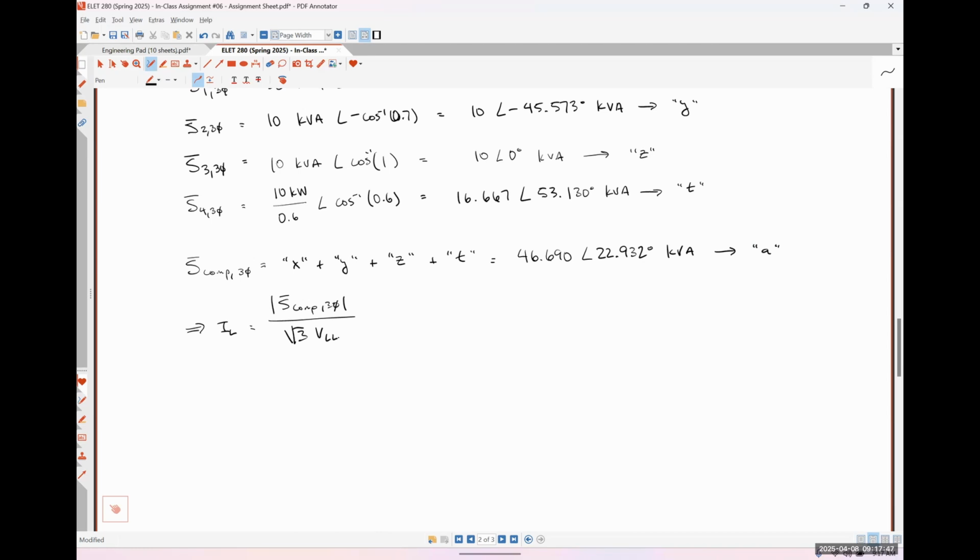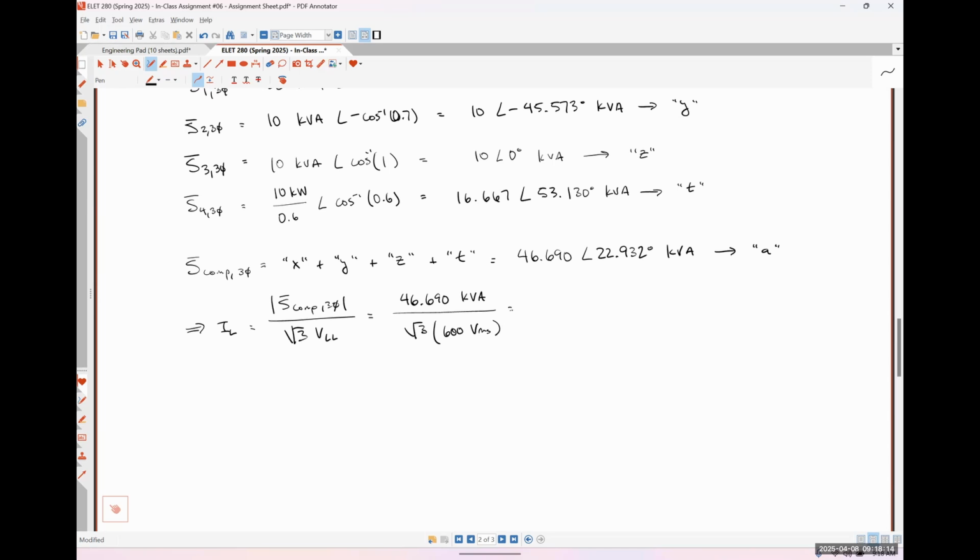I'm using that double L subscript, so that's the line voltage of the load. So that's going to look like 46.690 kilovolt amperes divided by √3 times 600 volts RMS.